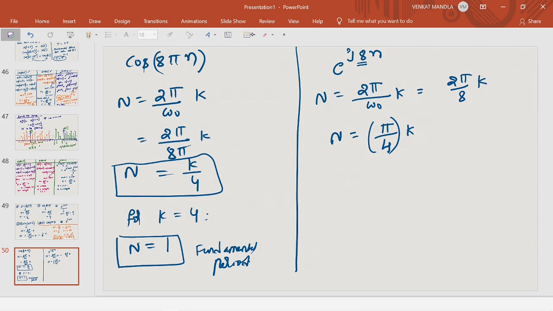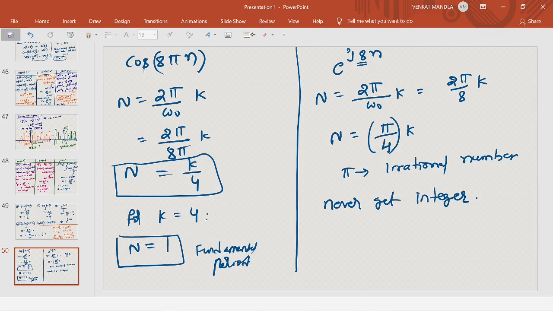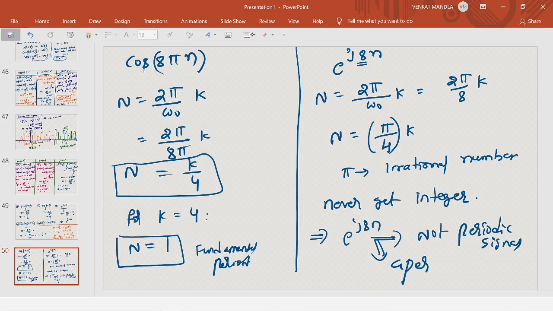But here pi is an irrational number, so we never get an integer. So e power j 8n is not periodic. It is an aperiodic signal.